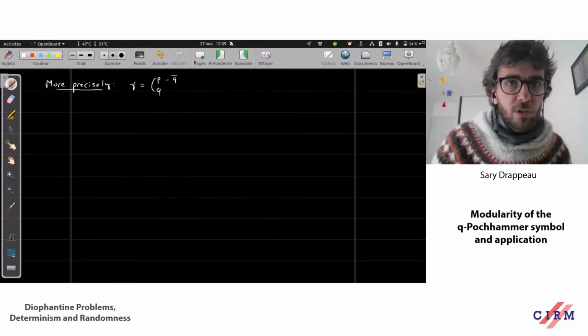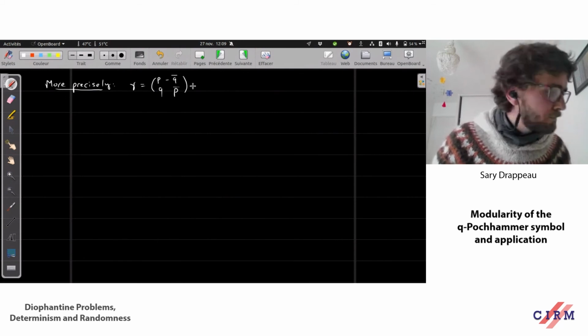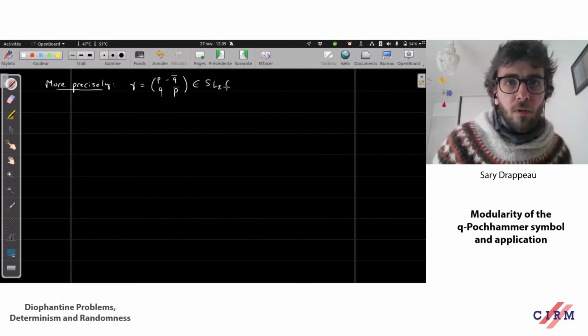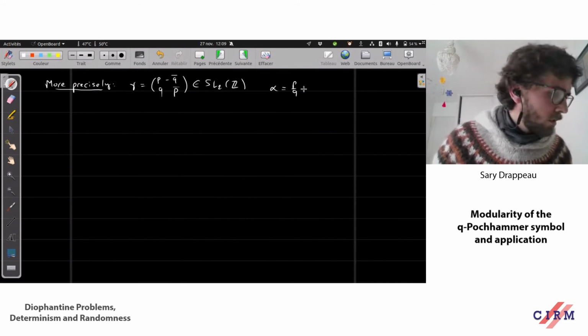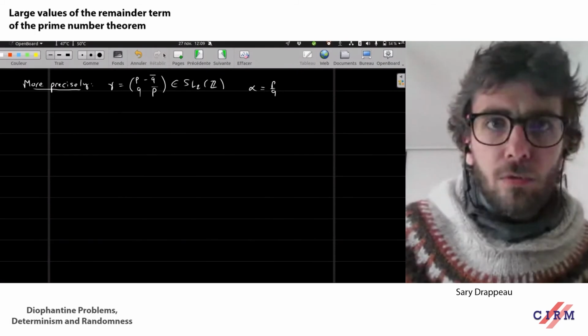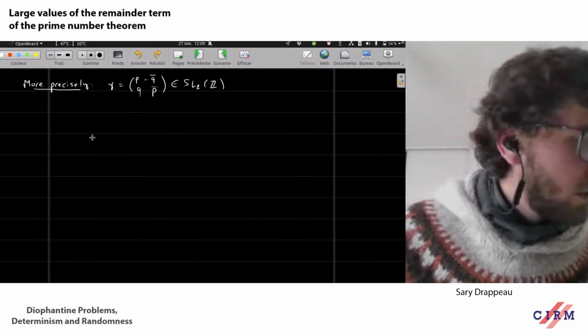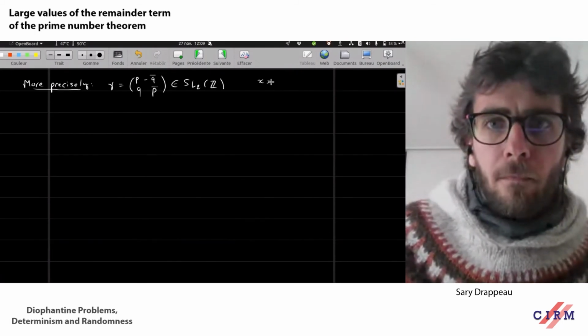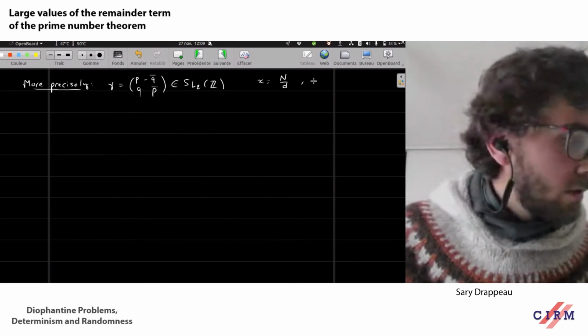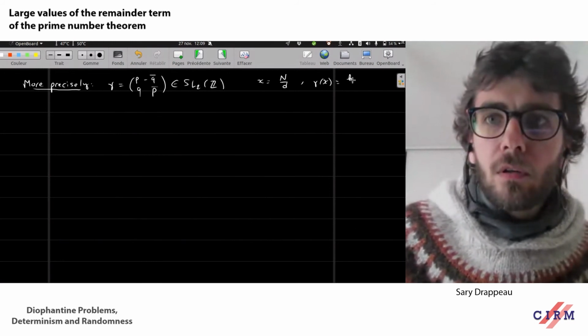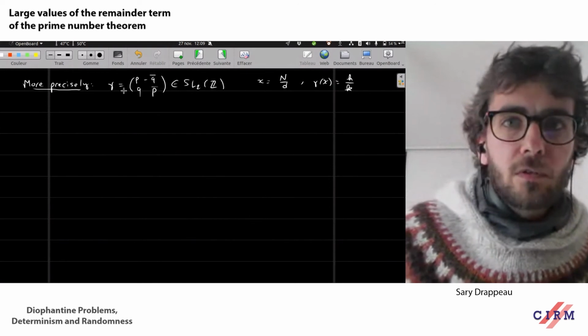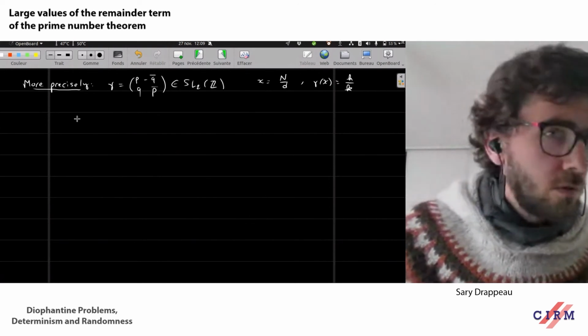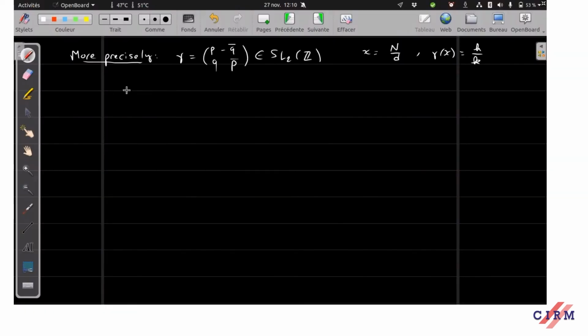But the formula is not particularly good looking. So to state it, I need to, okay, I don't need alpha. Right, x as a rational, and gamma of x. Here is gamma of x. You can express it using nd and all this, but for us it will be h over k.